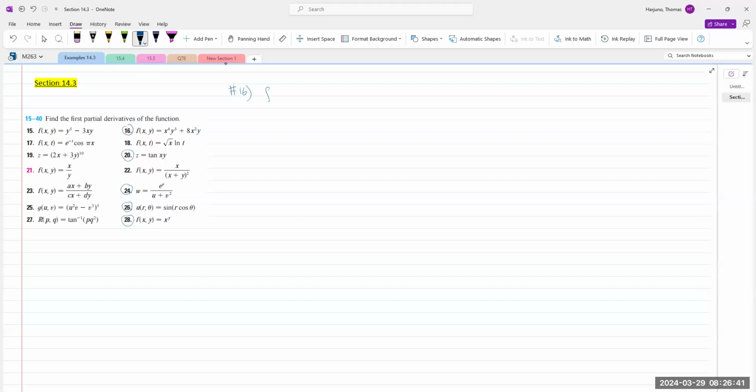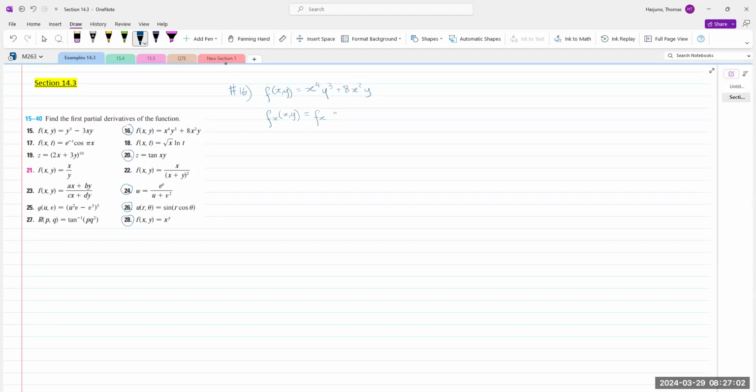We have that f(x, y) equals x to the fourth y cubed plus 8x squared y. Then the partial with respect to x, I think for this today, I will just write it as f subscript x.